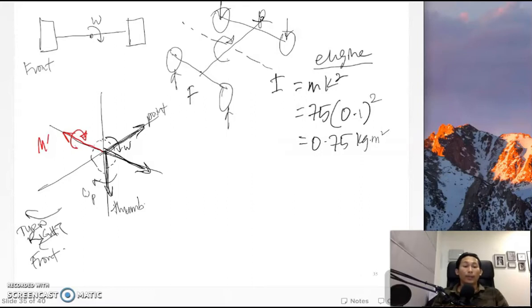Okay, we need to calculate our gyroscopic moment.